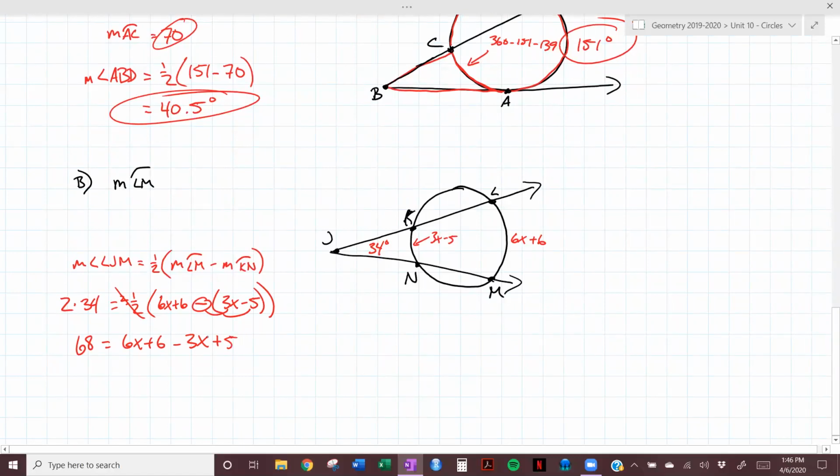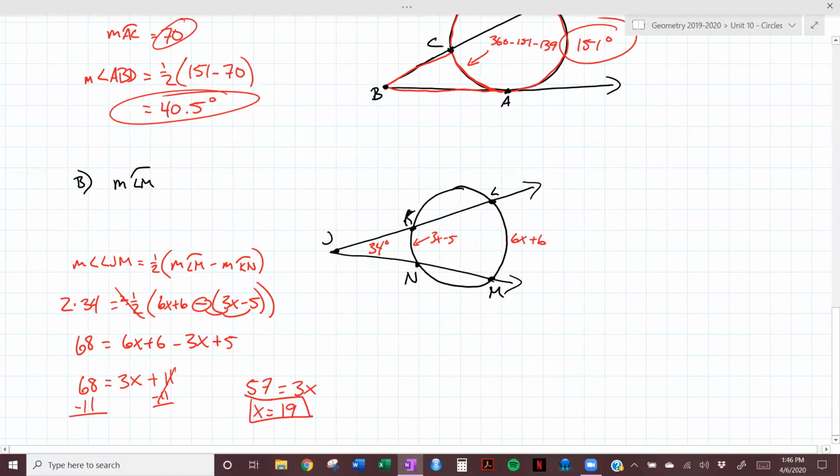Okay, 6x minus 3x, so 68 equals 3x, 6 plus 5 plus 11. Okay, we subtract 11 here, subtract 11 there, so we get 57 equals 3x, so x equals 19.